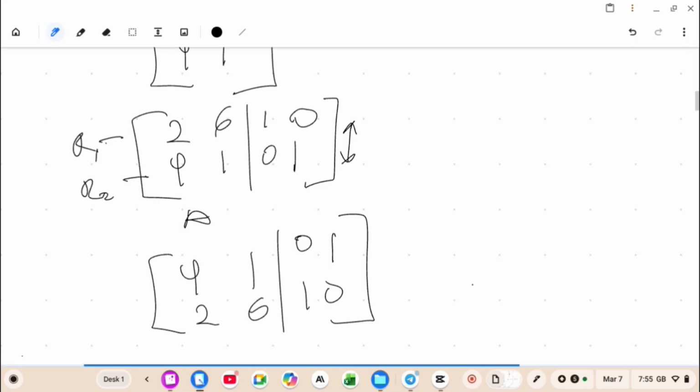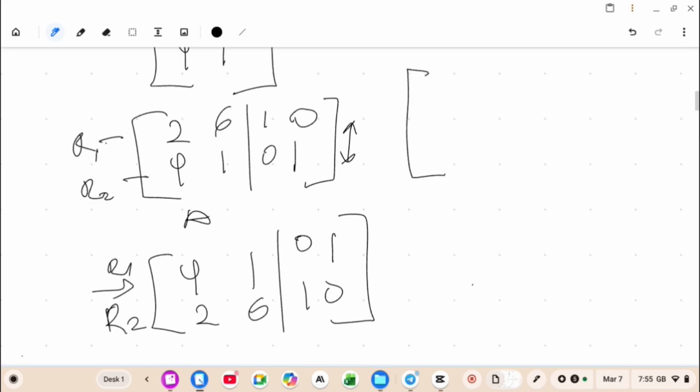You can also multiply one of the rows by a number and then subtract it from another row. Assuming we multiply row 1 by 3, our row 1 will then be 3 multiplied by this 4, we get 12. 3 multiplied by 1, we get 3.